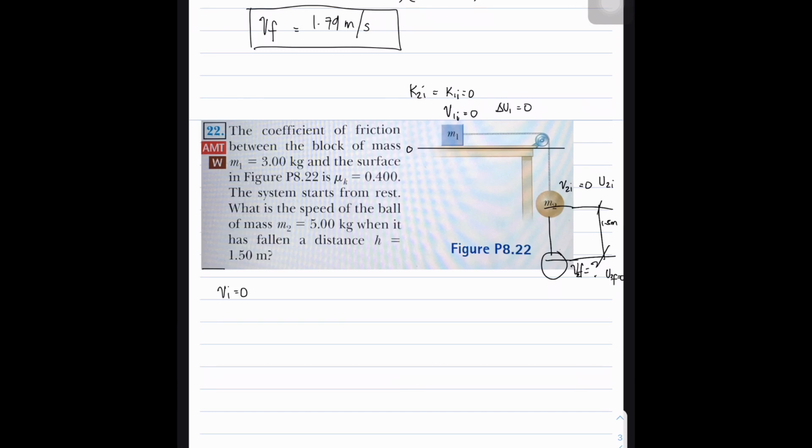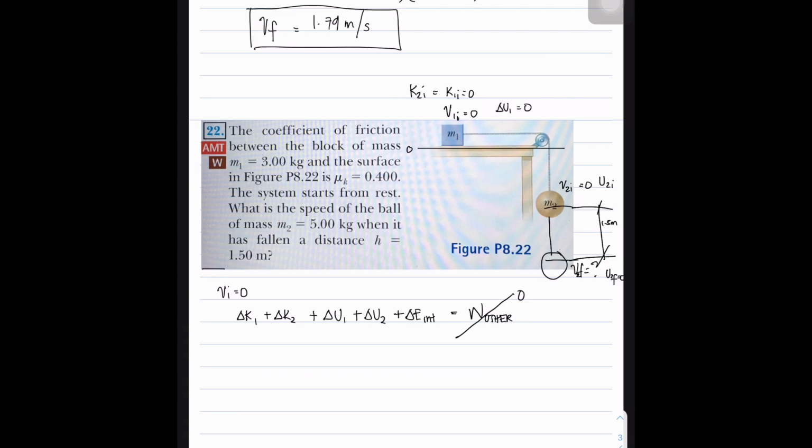Since we're talking about two different objects, our formula would be change in kinetic 1, plus change in kinetic 2, plus change in potential 1 plus change in potential 2 plus change in internal energy is equal to work done by other forces. Okay, in this case we do not have any other forces.